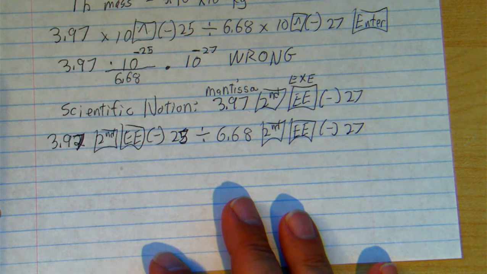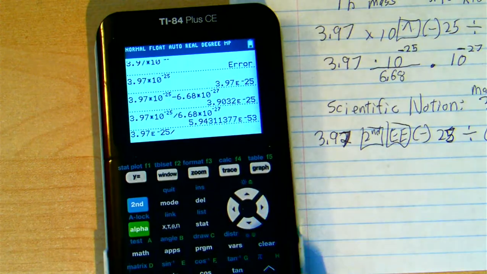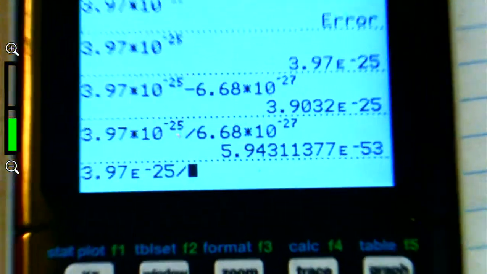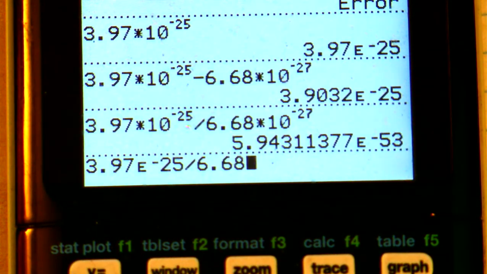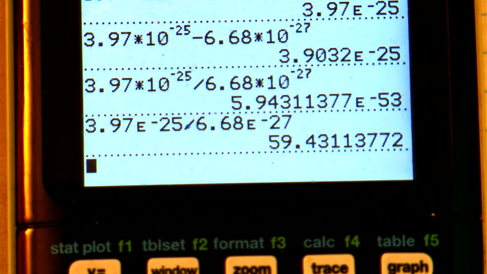Now, 3.97, second EE, exchange key 25, divide by, and here you can see me doing it, divide by 6.68, second EE, exchange key 27, boom, the answer is not 0.000000052 times, it's greater than 1.